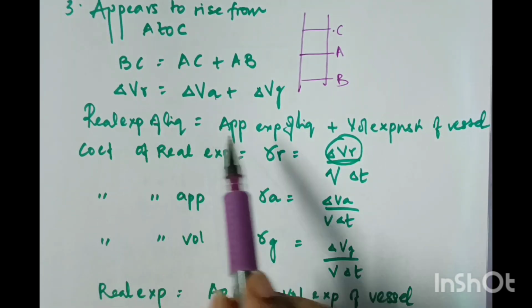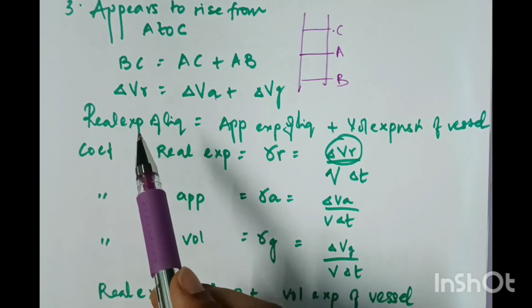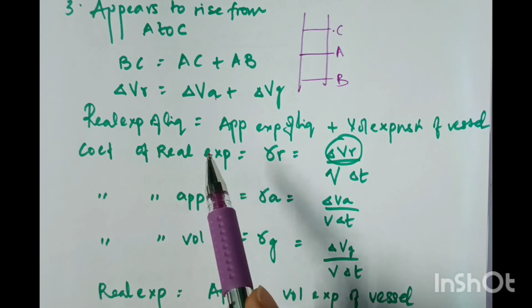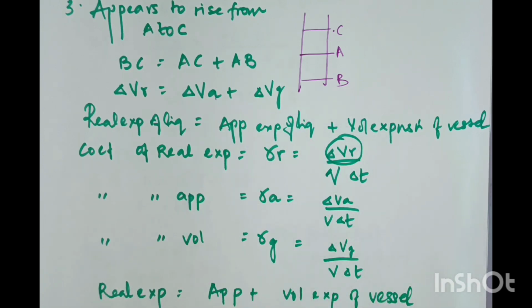Now, we have already seen that delta V equals V gamma delta T. Here we are all discussing volumetric expansion, so we are using the term gamma.